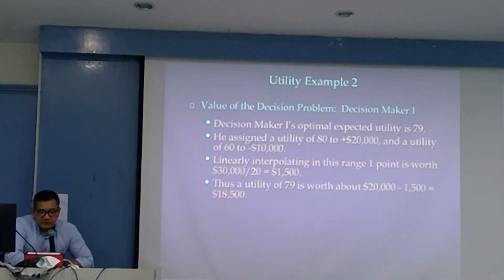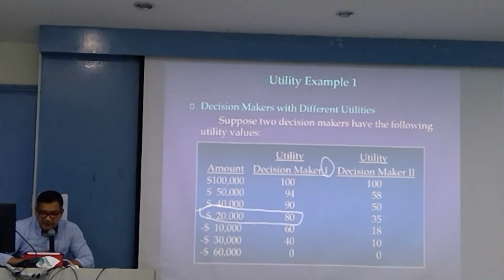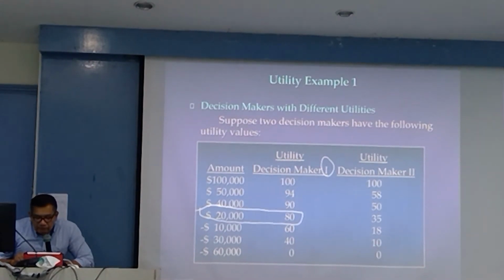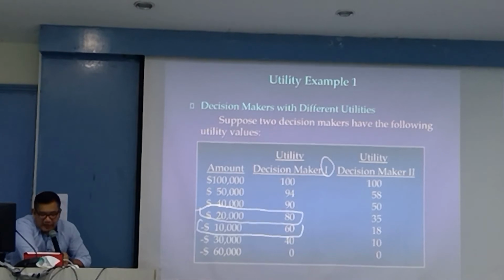Okay, we know that utility 80, for decision maker number 1, is equal to $20,000. And utility 60 is equal to minus $10,000. So what do we have here?